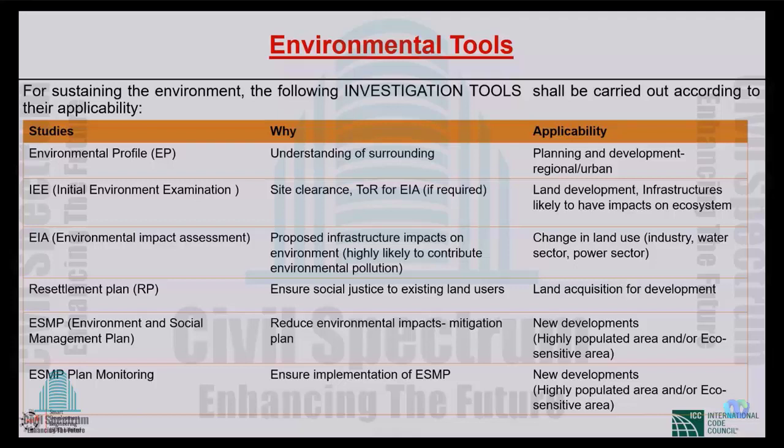That is the idea. Then we are also looking at the ESMP. This is the Environmental and Social Management Plan. In addition to the EIA, we do the mitigation plan, which includes what measures will reduce the impacts, who will do that, and how much it will cost. These things are included in the ESMP, and also a plan for monitoring, which is the last one, impact monitoring, the ESMP monitoring plan.